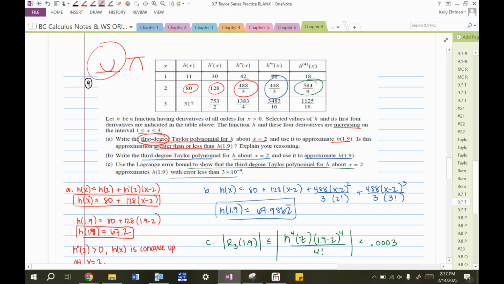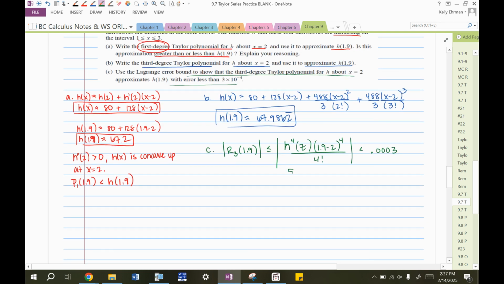So it's got to be 584 over 9. We can't plug stuff in and say, well, it could be this or this. We have to use the table. All right, so 584 over 9 times negative 0.1, but it's to the fourth. Should be positive anyway. We're in absolute value, over 4 factorial.